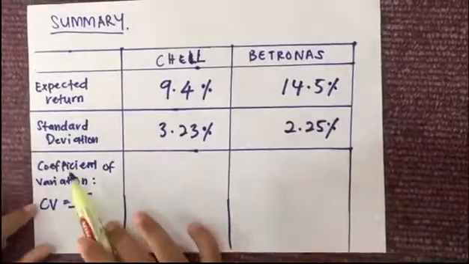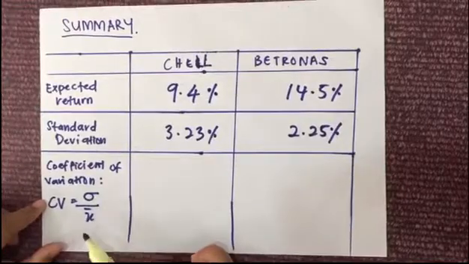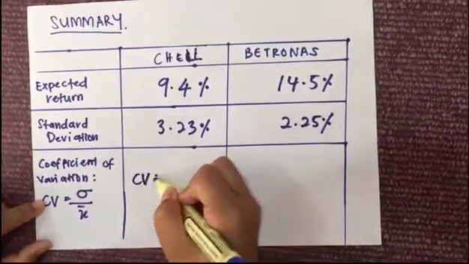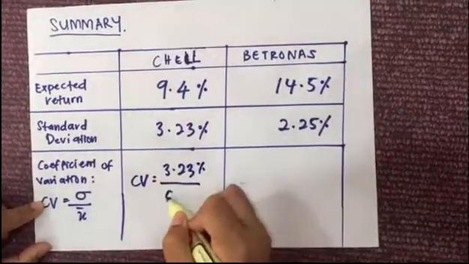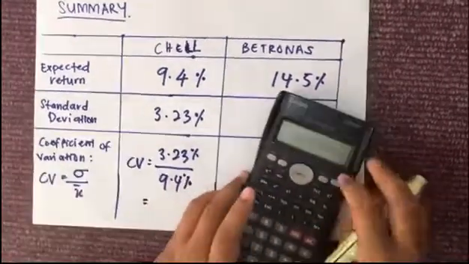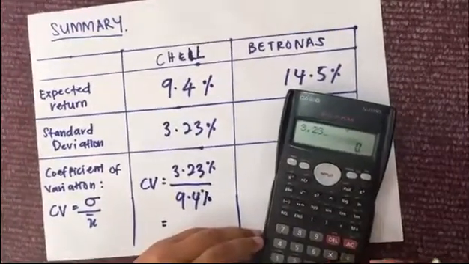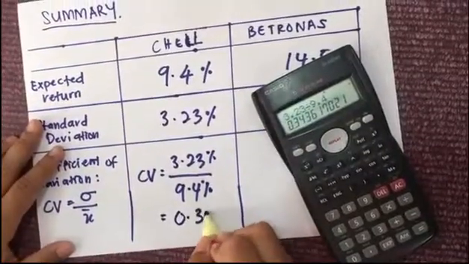Okay, for the coefficient of variation of Shell, CV equals standard deviation per expected return. For Shell, the CV is 3.23% divided by 9.4%, and using the calculator, the answer is 0.344.